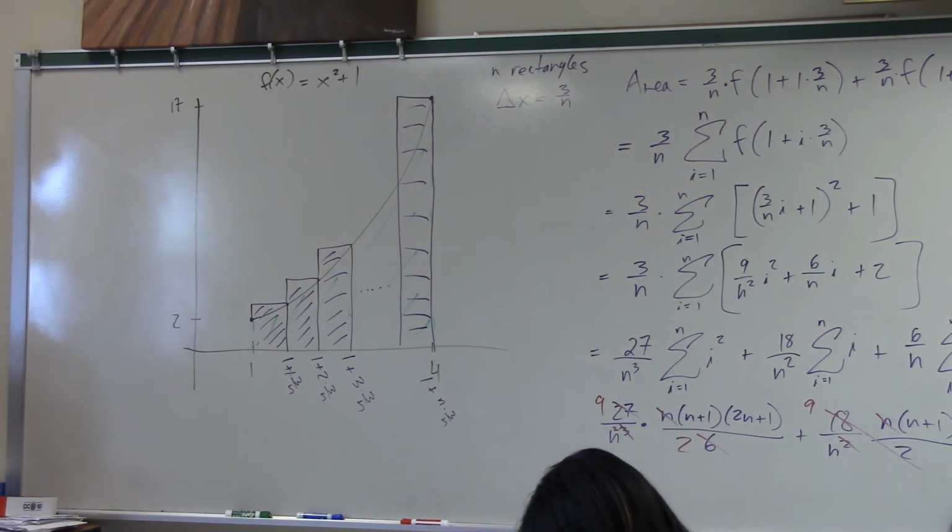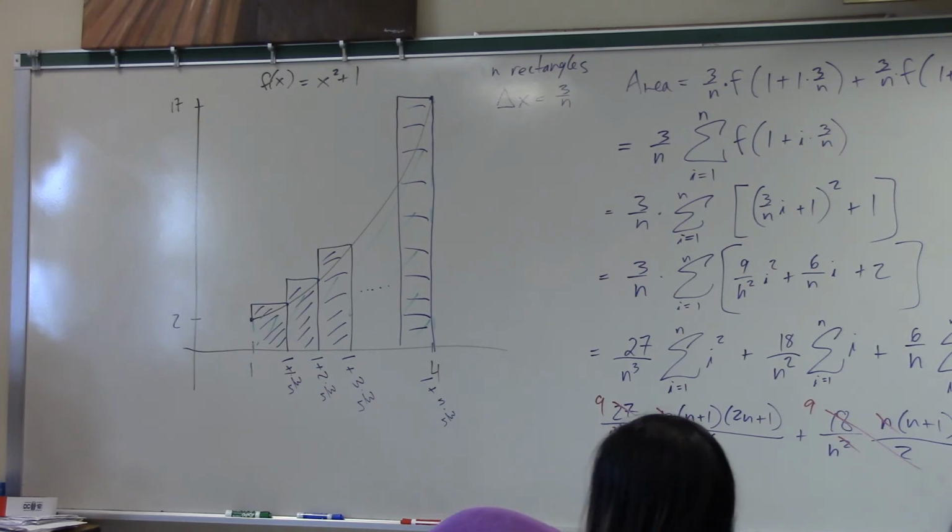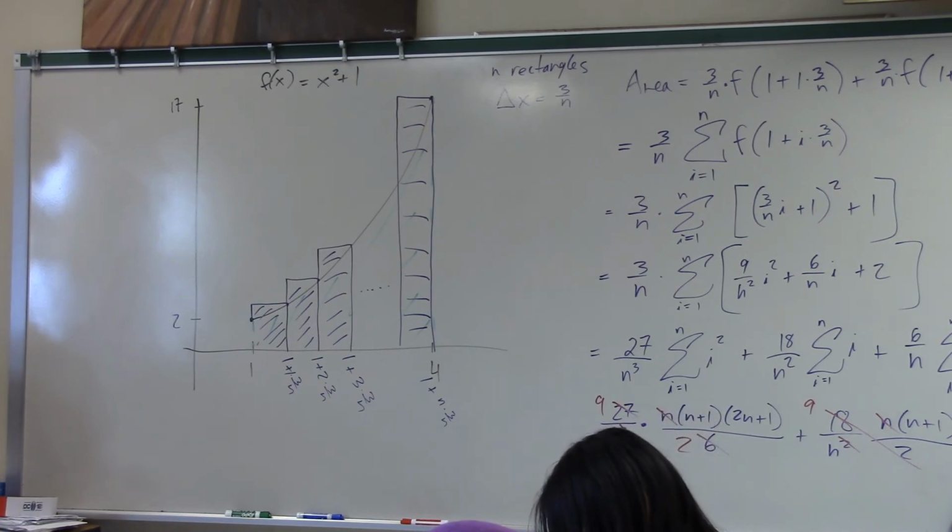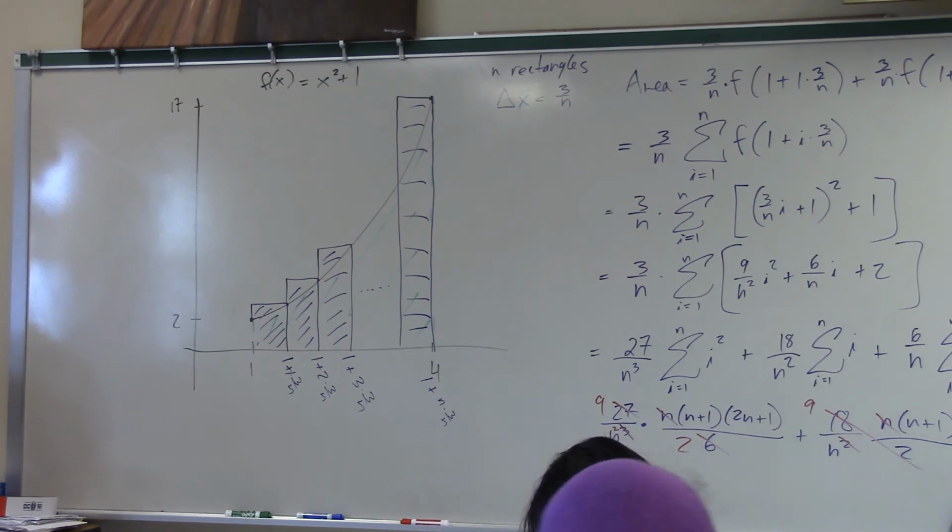Great. And I'll even do one more thing, which is to multiply out this thing here and get the quadratic 2n squared plus 3n plus 1 over n squared. Okay. So that algebra happened a little bit fast, but I eventually get this giant thing.